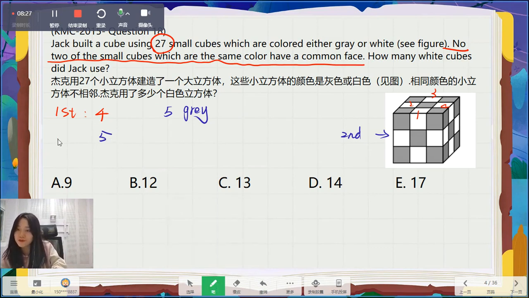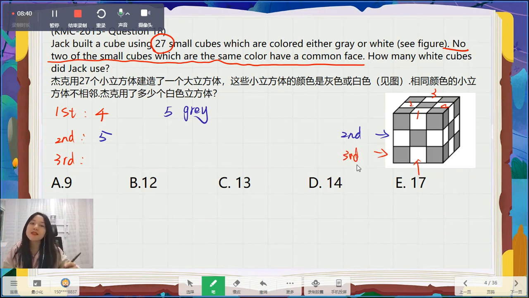And for the same reason, the number of white cubes in the third layer or in the last layer must be the same as the number of gray cubes in the second layer. We just need to check.